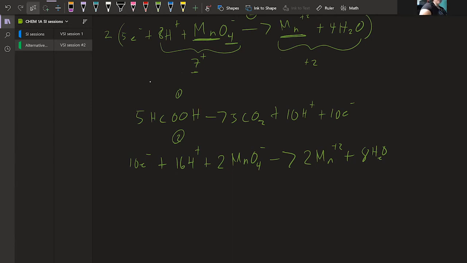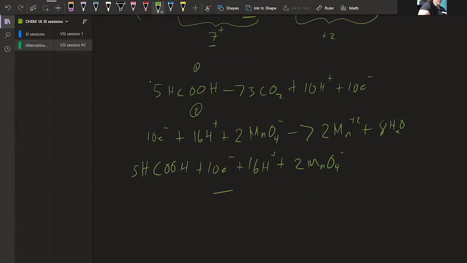I'm going to combine these two. I'm going to start with the reactants. So I have 5HCOOH plus 10e− plus 16H+ plus 2MnO4−, and then I'm going to include the little arrow right here, and I'm going to split it.